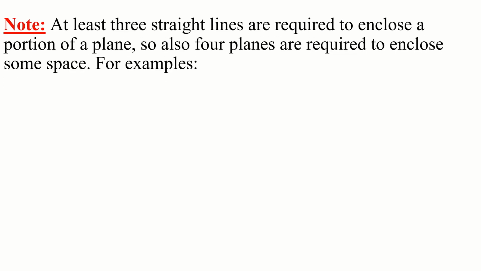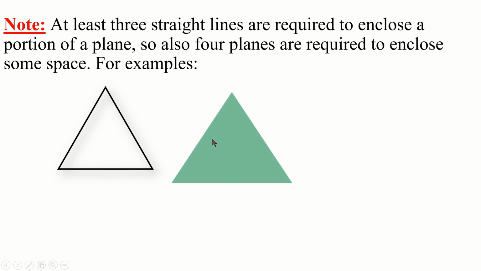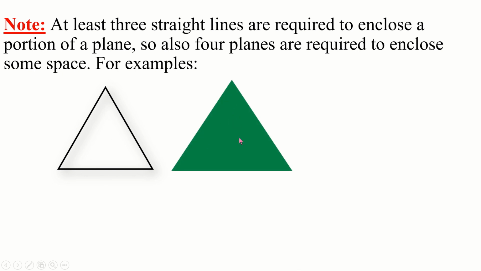Note, at least 3 straight lines are required to enclose a portion of a plane. So also 4 planes are required to enclose some space. For example, here are 3 sides, 1, 2, 3. 3 sides make a plane like this.